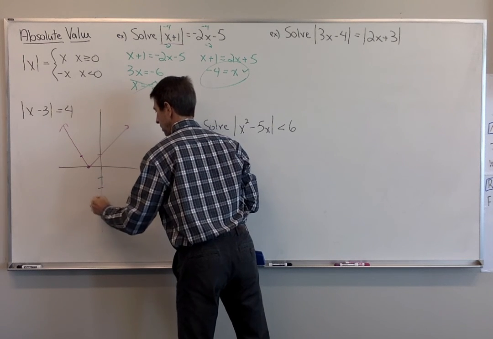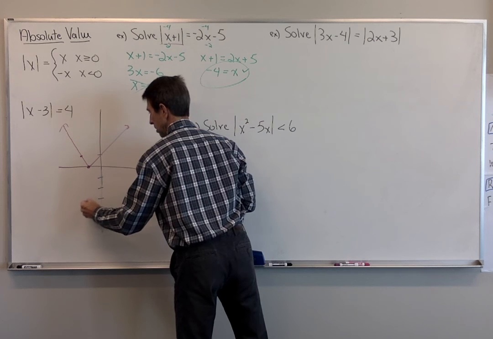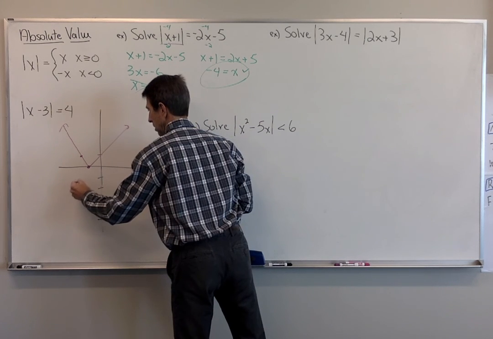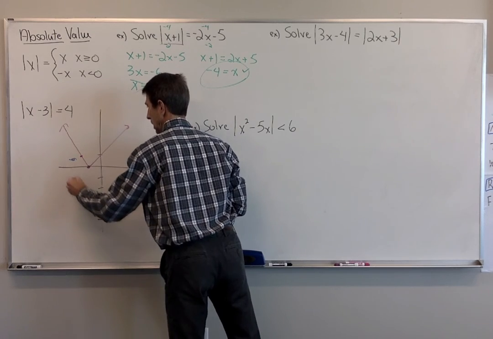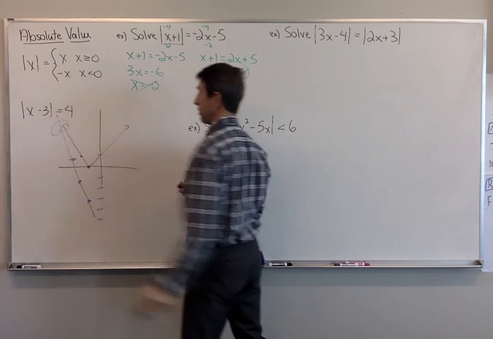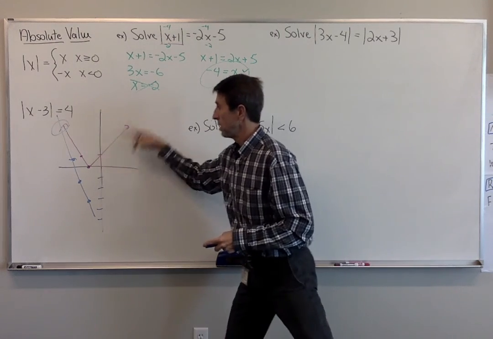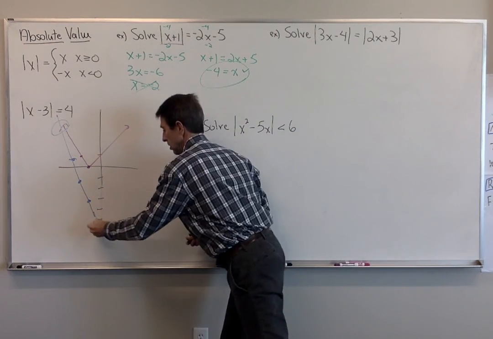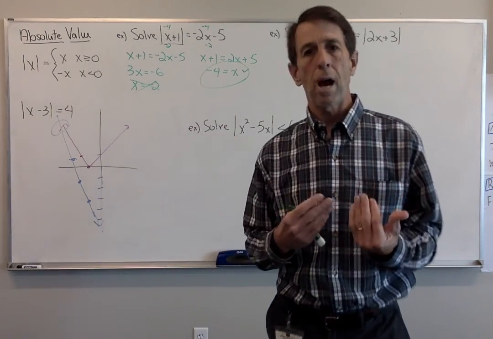Intercept -5, slope of -2. Eventually it's going to hit, and -4 is a believable one. But it's not going to hit this other part of my function. So, never a bad idea to consider the graph if you're unsure.